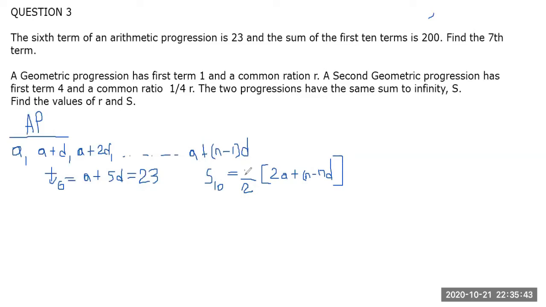So S10 is 10 over 2 times (2a plus (10 minus 1) times d). 10 minus 1 is 9, so 2a plus 9d.